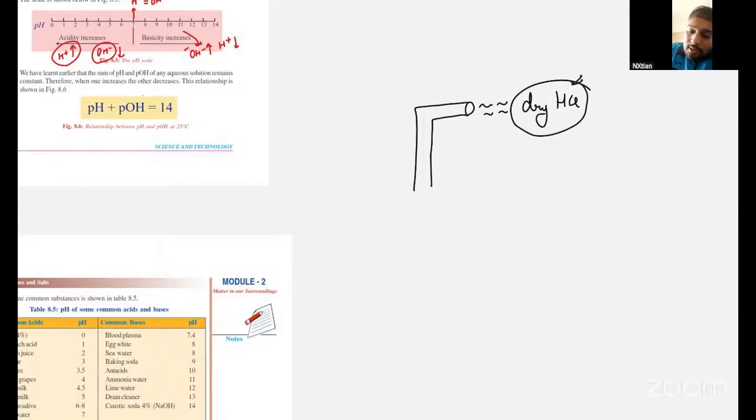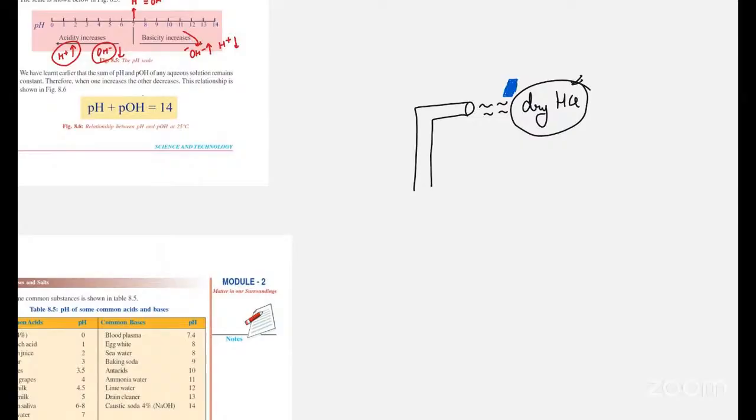And if I put a blue litmus paper in front of it, since HCl is an acid, did you understand? Miraculin, are you there? So blue litmus, if I put it, what will it become? It will turn into red color, sir.